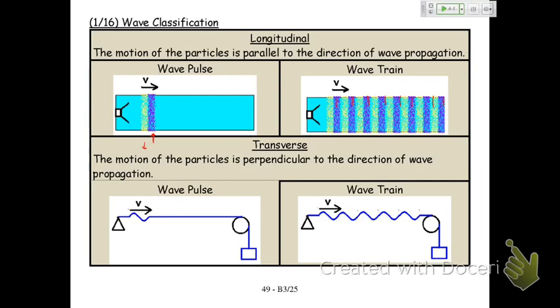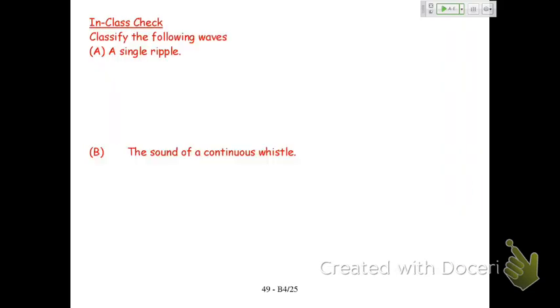I'd like you to be able to understand, to explain, to pick out examples of wave trains and wave pulses, okay? And also longitudinal and transverse. So, if we look at this, classify the following waves. A single ripple on the surface of water. What would that be?